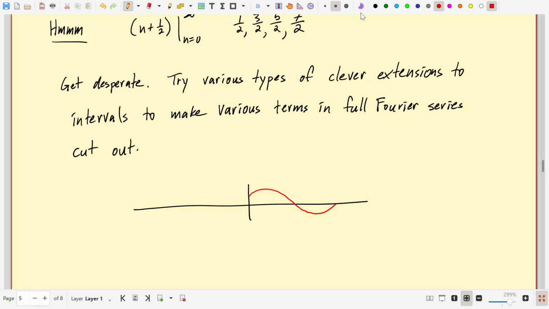Well, then step 1 is, this is 0 to pi. I can go to 0 to 2 pi. Let's see. I want cosine terms. So I'm going to copy this, copy it, and I'll turn it inside out.